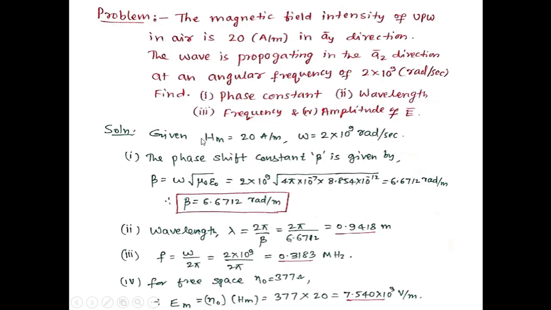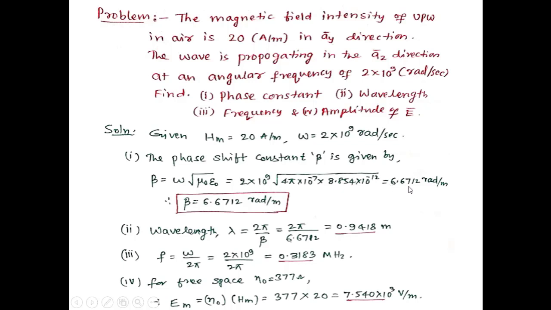Given Hm is equal to 20 ampere per meter, omega is equal to 2 into 10 raised to 9 radian per second. The phase constant beta is given by beta is equal to omega into under root of mu naught epsilon naught. So omega is given as 2 into 10 raised to 9, under root of mu naught is equal to 4 pi into 10 raised to minus 7 into epsilon naught is equal to 8.854 into 10 raised to minus 12.